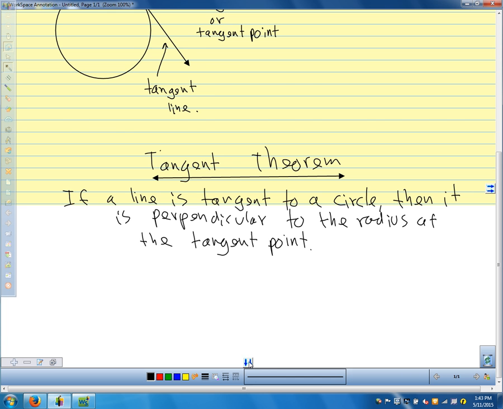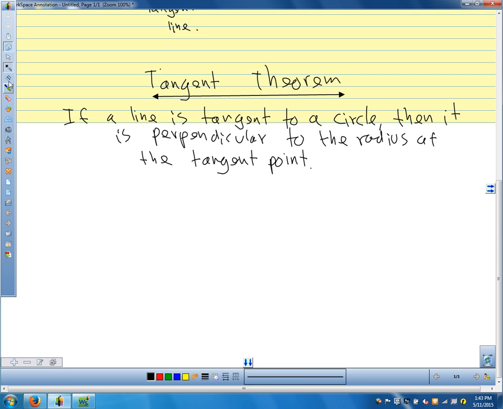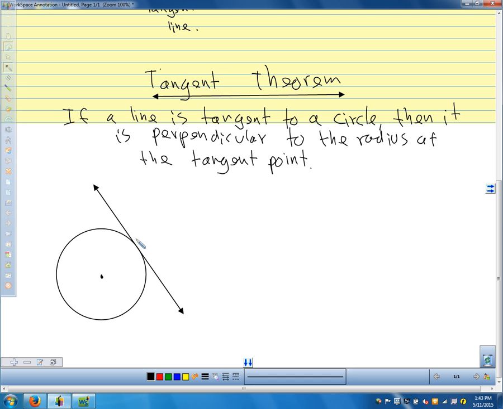So that's one special thing that happens with tangent lines. In the picture, there's our circle and our tangent line. If we draw a radius to the tangent point, just a segment, that would be a 90-degree angle.